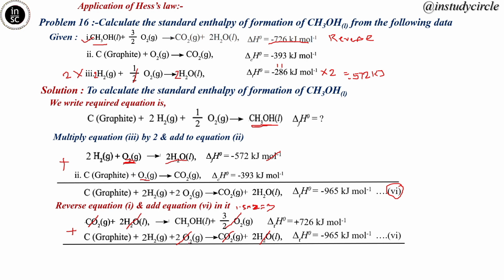So the equation becomes 1 mole of carbon, 2 moles of हाइड्रोजन and अभी ये 4 है और यहाँ पर 3 ऑक्सीजन्स है, तो बचा है 1/2 मीन्स सिंगल ऑक्सीजन, so 1/2 ऑक्सीजन and the methyl alcohol. So we write the enthalpy of the reaction.